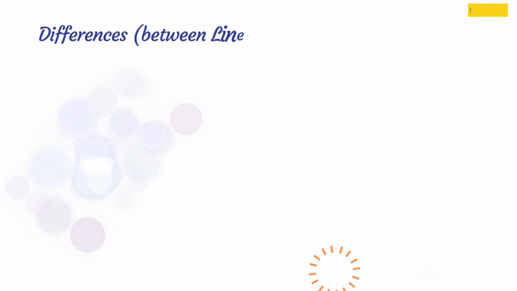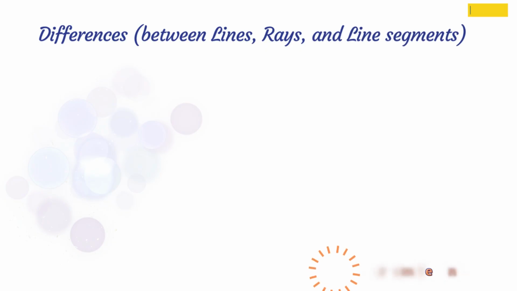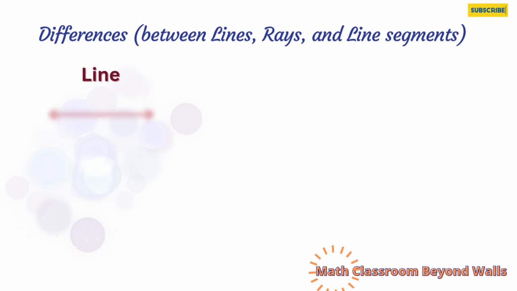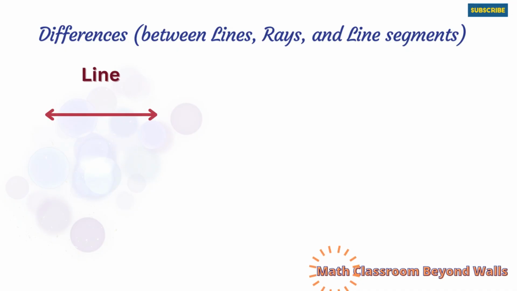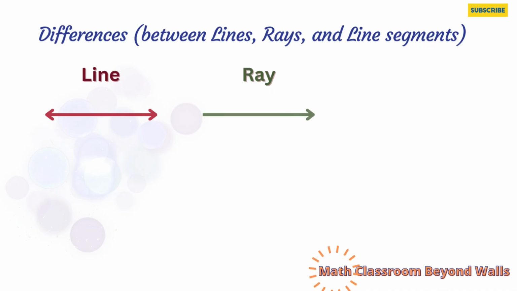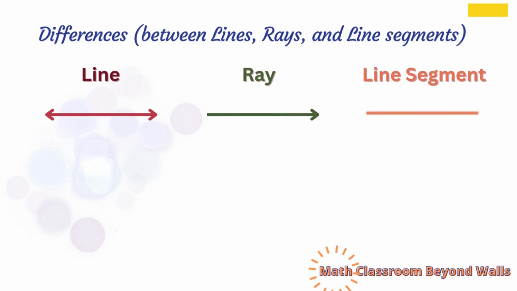So far, we have noticed the following differences between lines, rays, and line segments. First, the representation differs. For a line, we have this, indicating that a line extends infinitely on both directions. A ray has this, indicating that it extends infinitely on one direction. And finally, a line segment has this, signifying that it has endpoints.